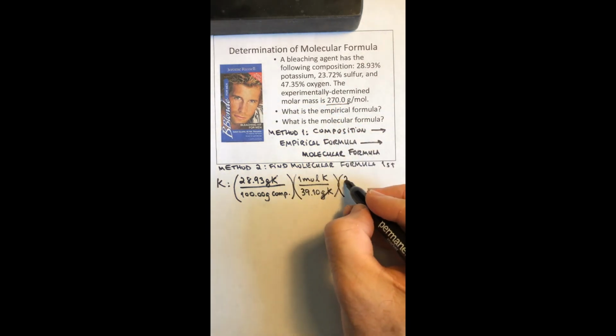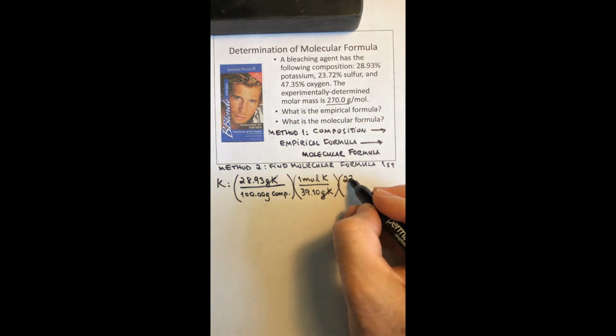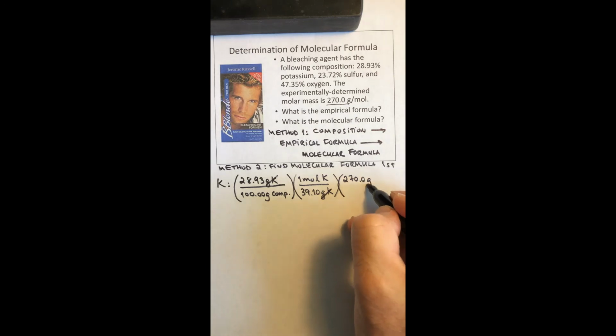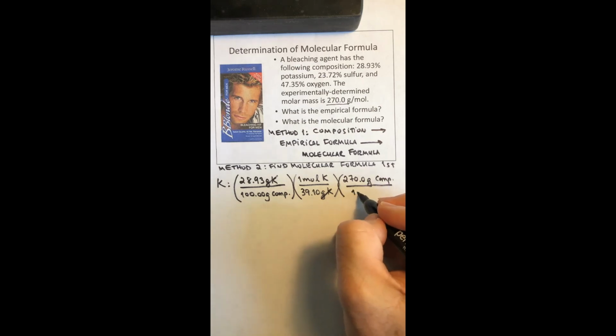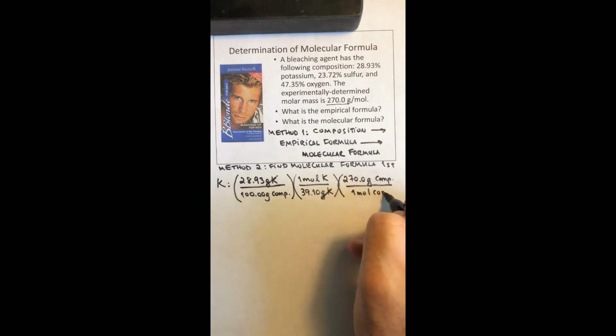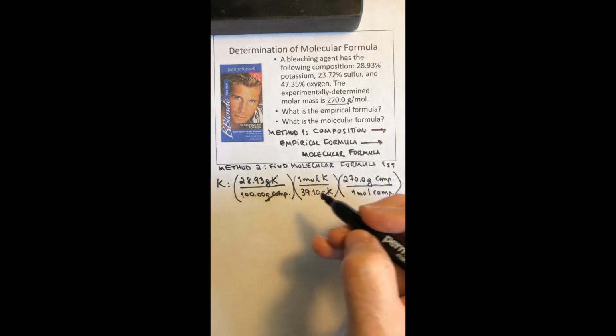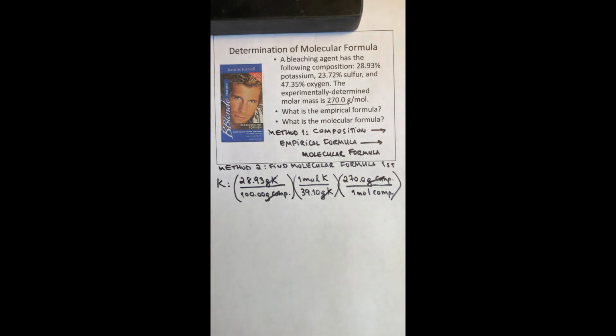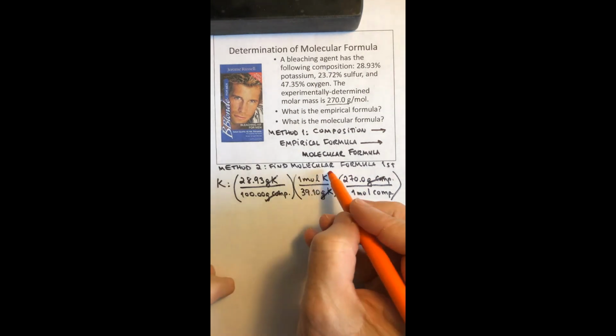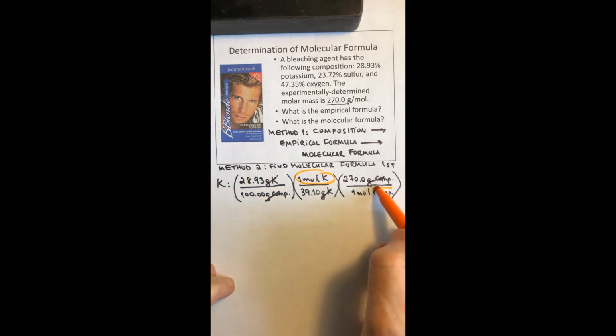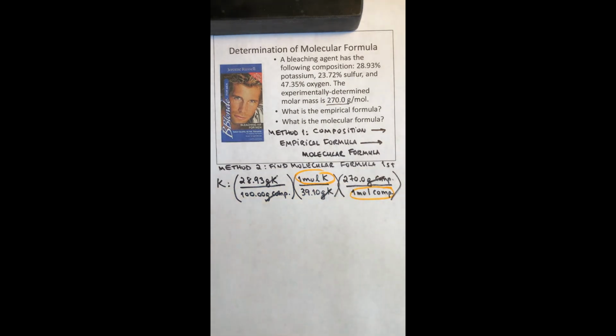So in 270.0 grams of compound, that's 1 mole of my compound. And since I have those units in here, I can cancel them out, and voila, this is going to yield the moles of potassium per mole of compound.